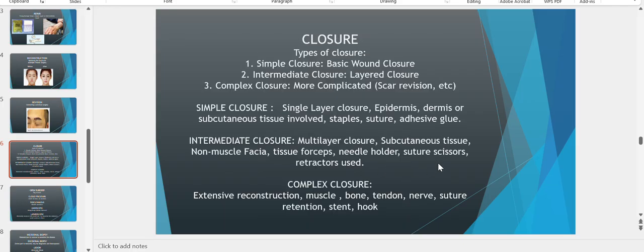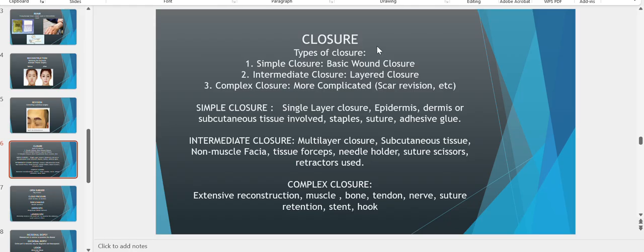Now, coming to next, closure. Closure is simply, in order to prevent infection, wound closure. Wound closure is of three types: simple closure, intermediate closure, and complex closure.